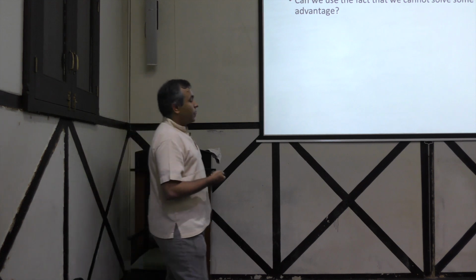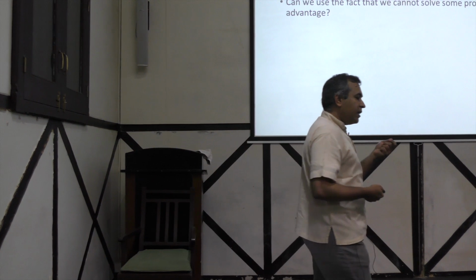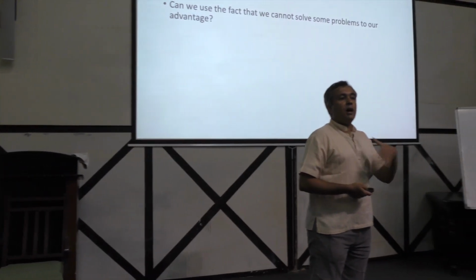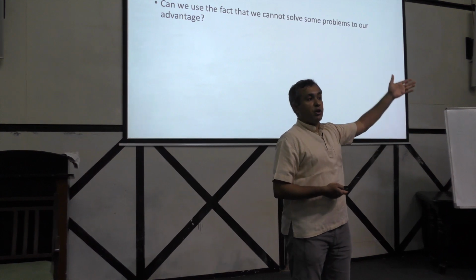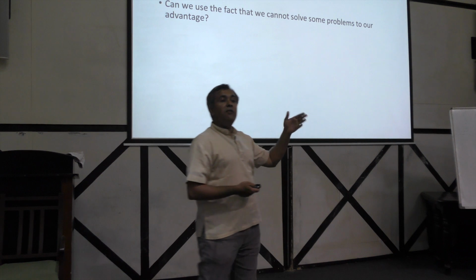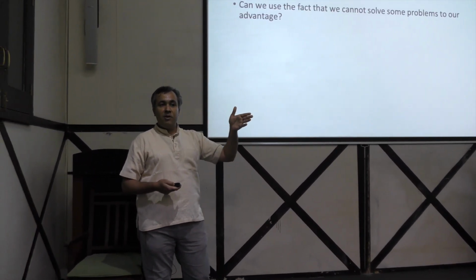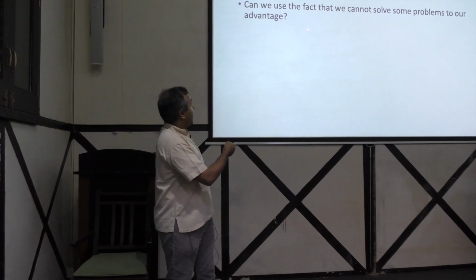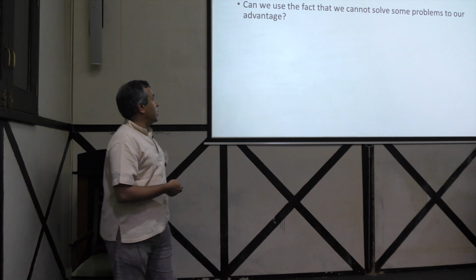Why would one even expect such a thing? For this we go to the definition of what we meant by hard. What I meant by hard is, it's not just hard for me, it's hard for any polynomial time algorithm. It's hard for me, it's hard for you, it's hard potentially for every other person. So potentially it's hard even for an adversary who's trying to break into my bank. Can I use the fact that something is hard to my advantage?